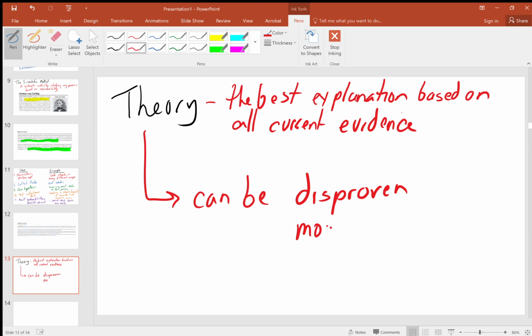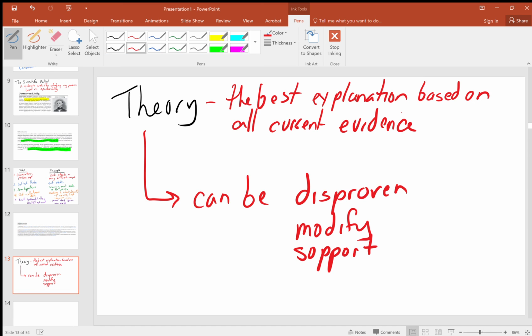You can modify a theory, or you can support it. But just because of the way that our scientific method works, the way we define science, you can't ever prove a theory to 100%.